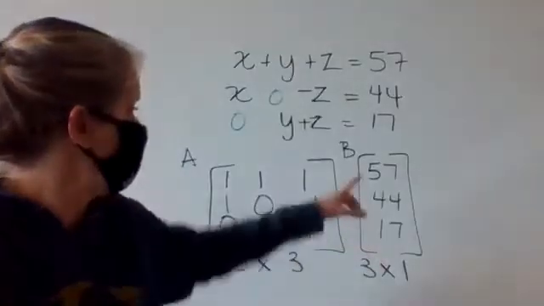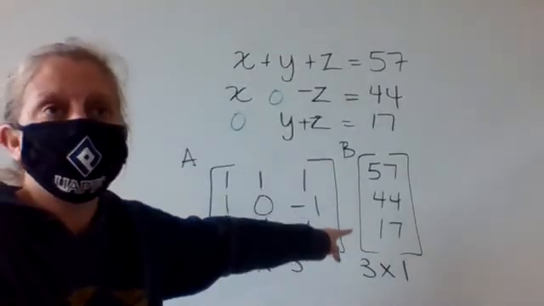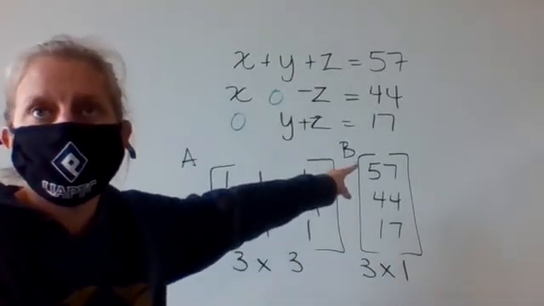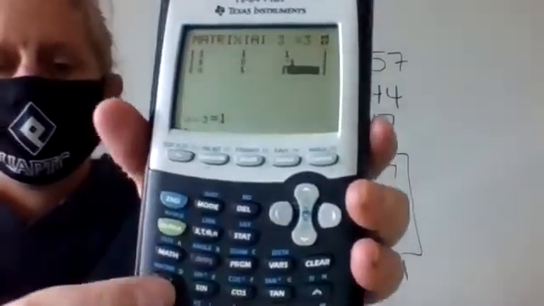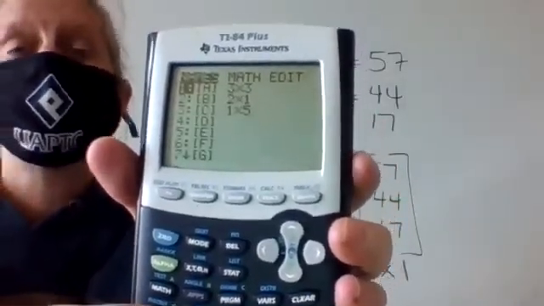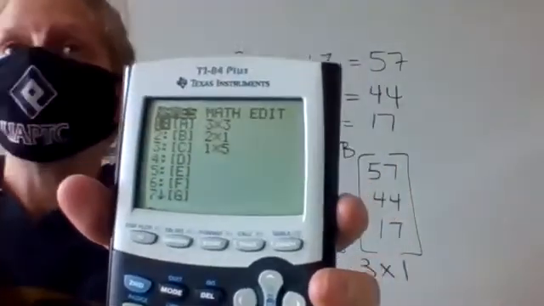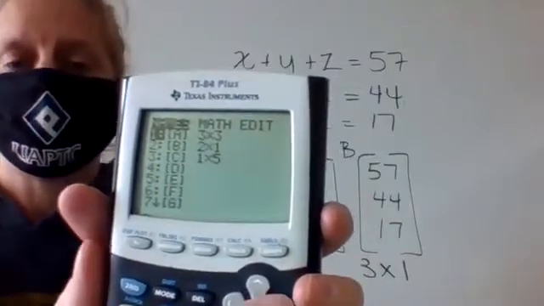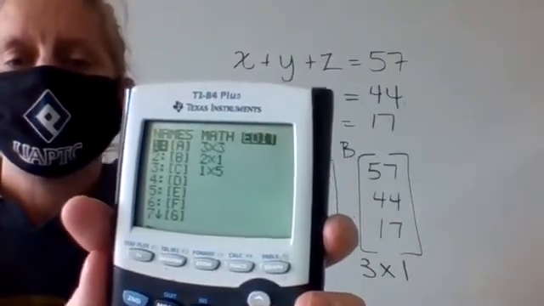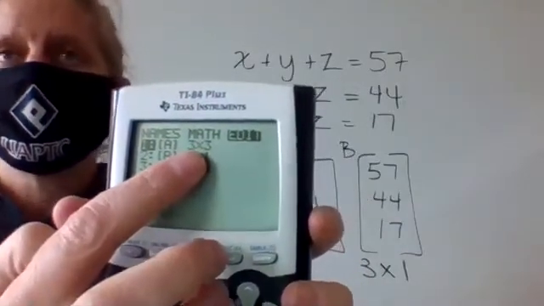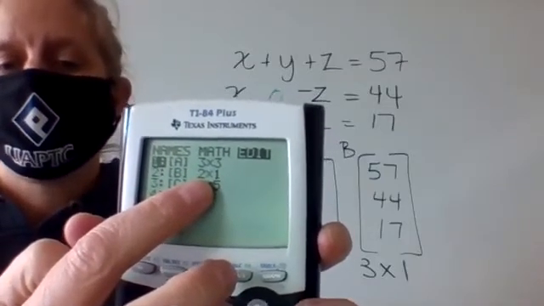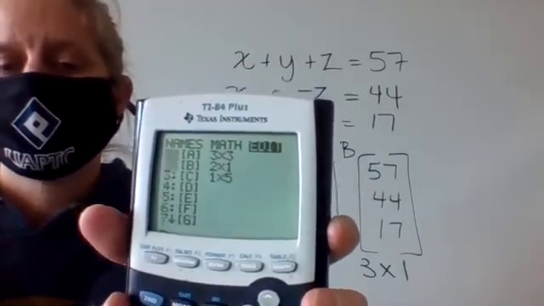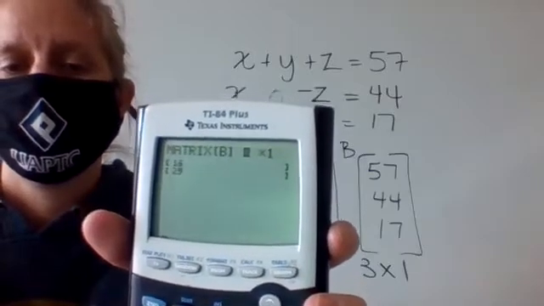So now the second step is you want to create your matrix B. So again, you'll go to second matrix. You're still editing, right? Anytime you're going to put in new numbers to a matrix, you need to go over to edit. I just did matrix A. I don't want to mess that up. So I'll come down here to matrix B and hit enter.